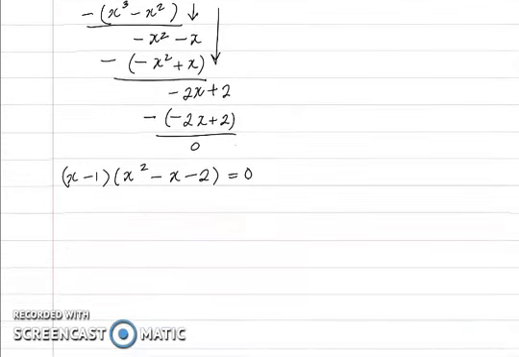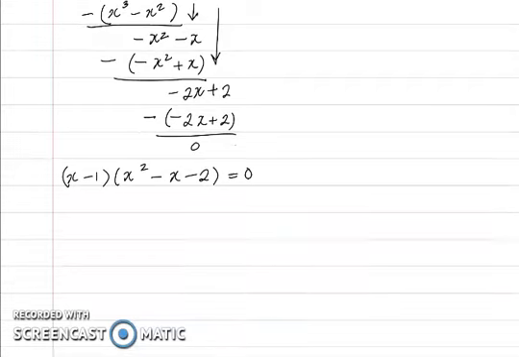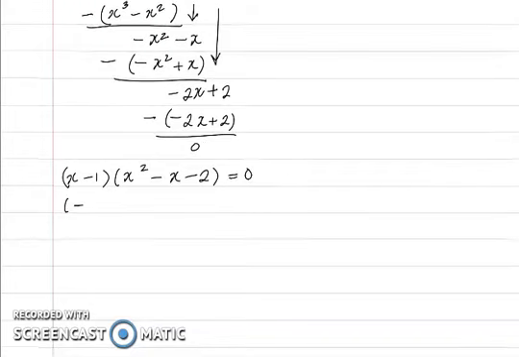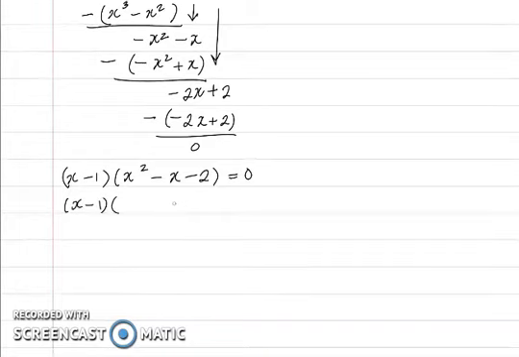All right, so now to finish this, I need to just factorize x squared minus x minus 2, which is not difficult. x minus 2, x plus 1. All right, and of course I have to put x here and x here, 2 here and 1 here.